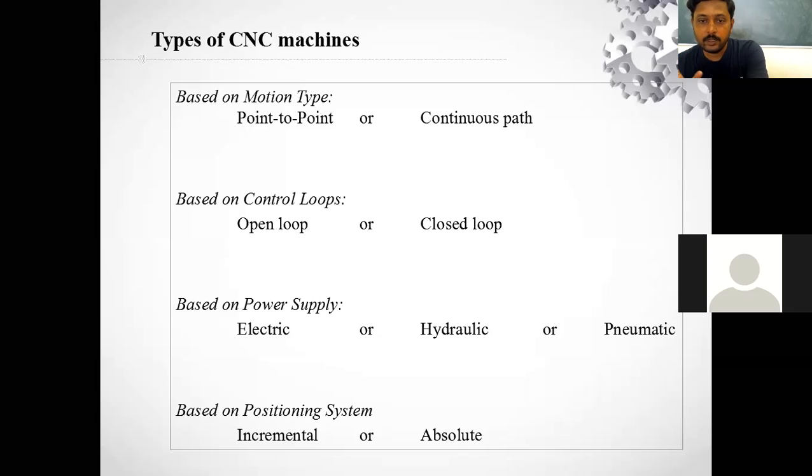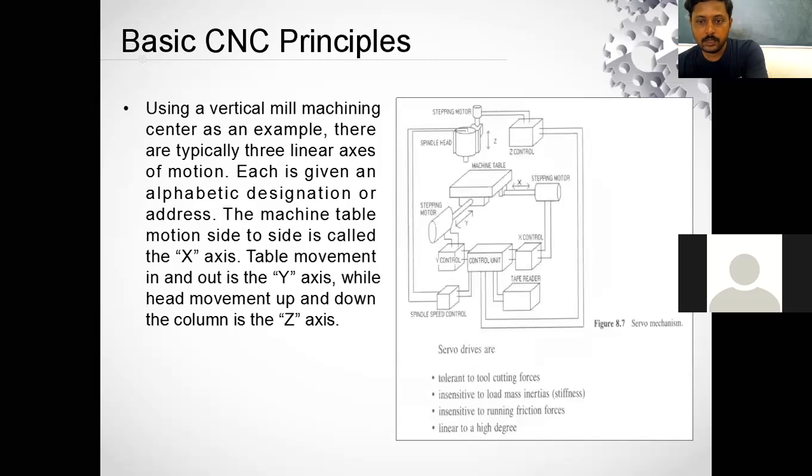What are the different classifications done for a CNC machine. The classification based on power supply can be electric type, or hydraulic type, or pneumatic type, or a combination of these. And on positioning system, we can say incremental positioning system and absolute positioning system. Okay, so this is how CNC machines are classified.